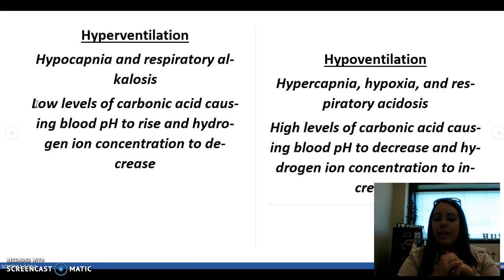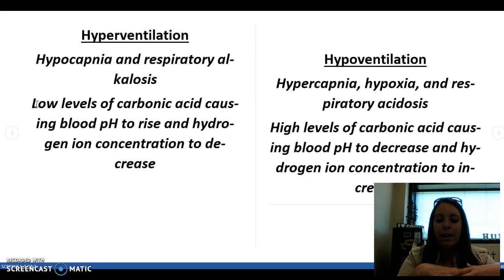Hypoventilation, we're experiencing hypercapnia, hypoxia, and respiratory acidosis, which means that we have higher levels now of carbonic acid in our bloodstream, which causes the blood pH to decrease. And you and I both know, because you've been studying, that as blood pH decreases, hydrogen ion concentration now is increasing.